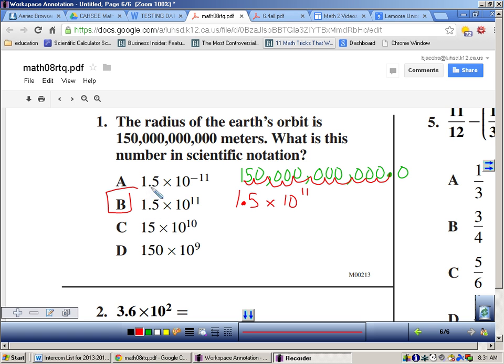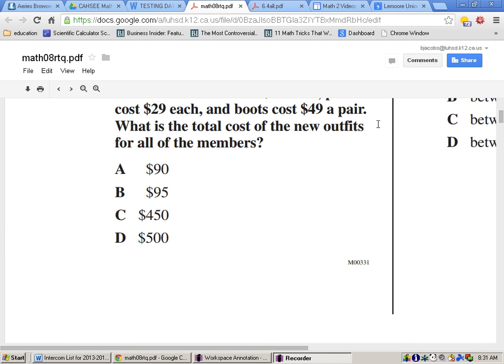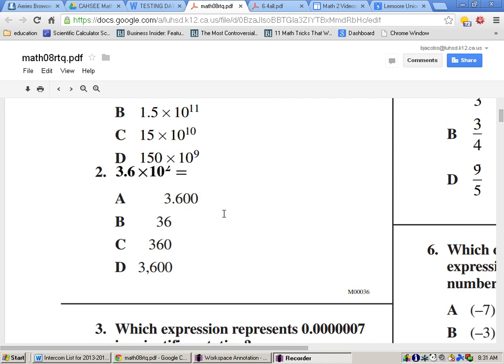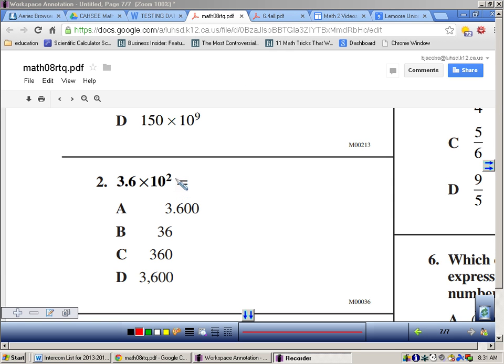Okay. Looking at the next question, number 2. Here we're taking a scientific number and writing it in standard form, it looks like.